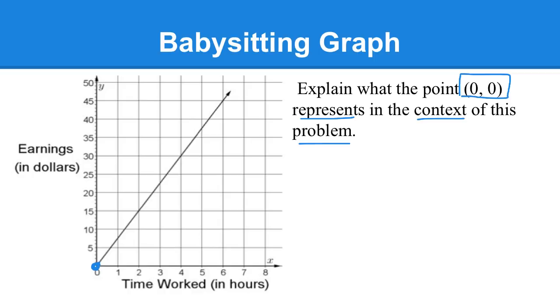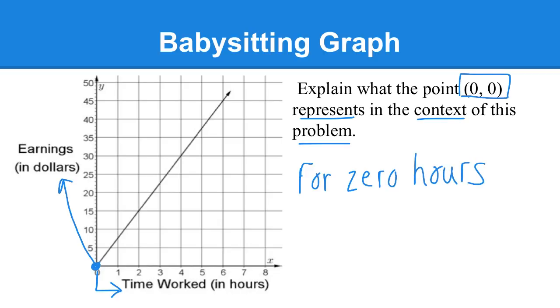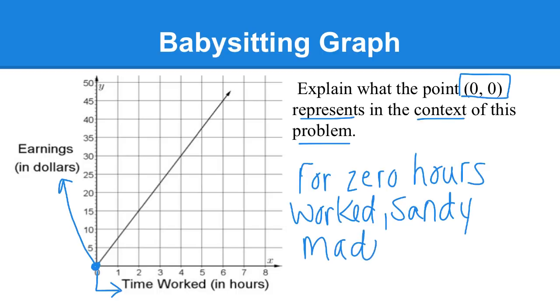So the first 0 is how much time is worked. And the second 0 represents how much money was made. So we have 0 hours worked. Sandy made no money.